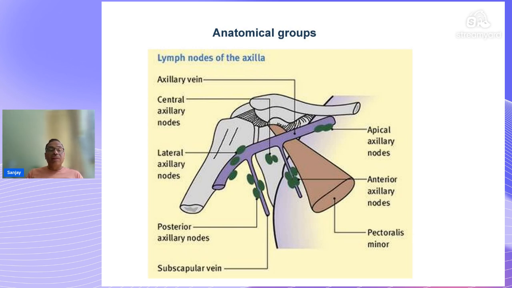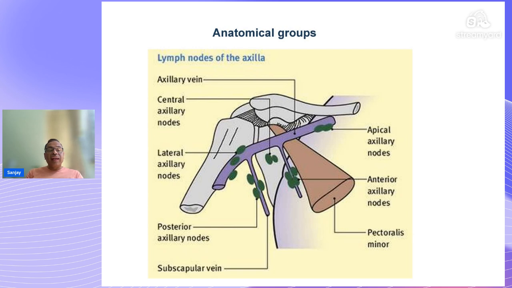Anatomically, we divide the axillary lymph nodes into the anterior, central, apical, posterior, and lateral axillary lymph nodes. So these are the 5 anatomical groups of axillary lymph nodes.